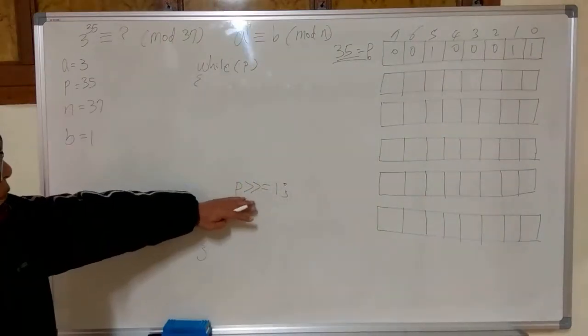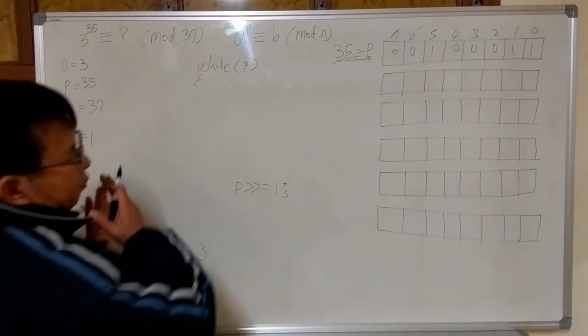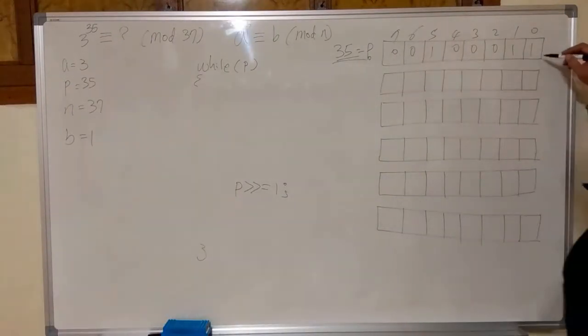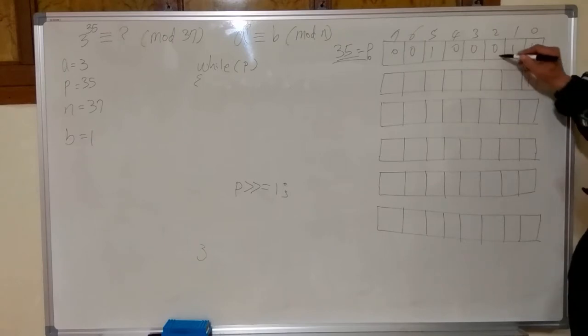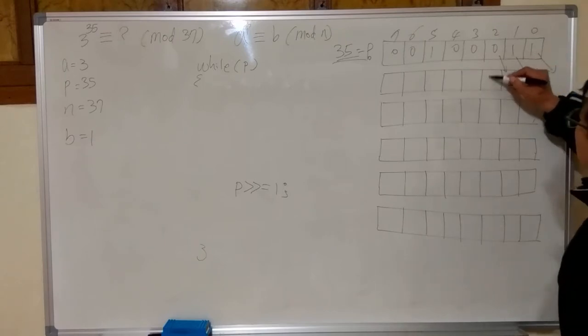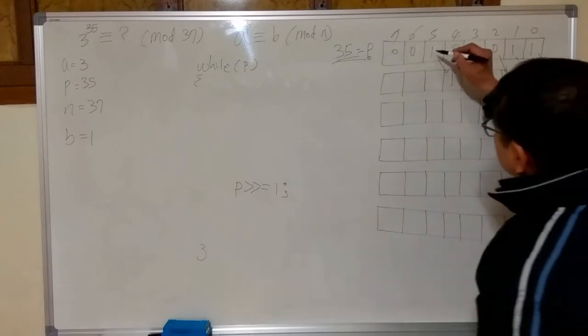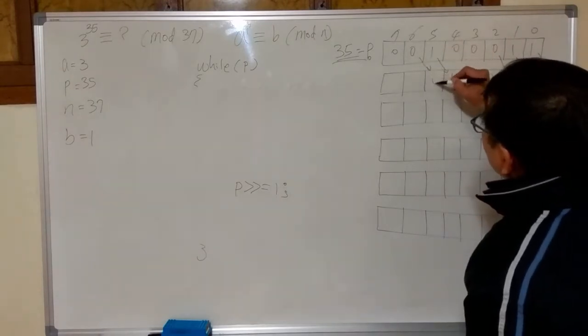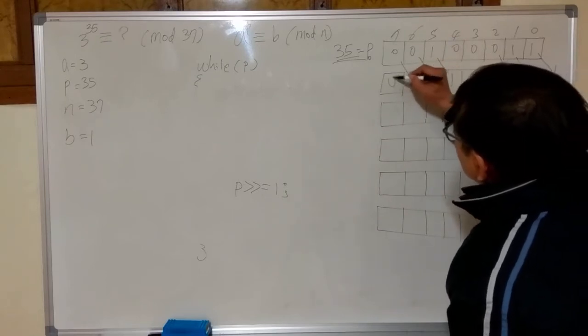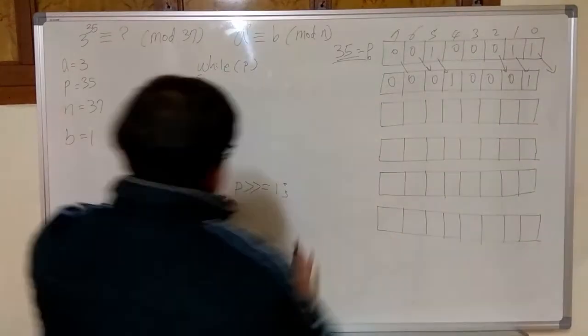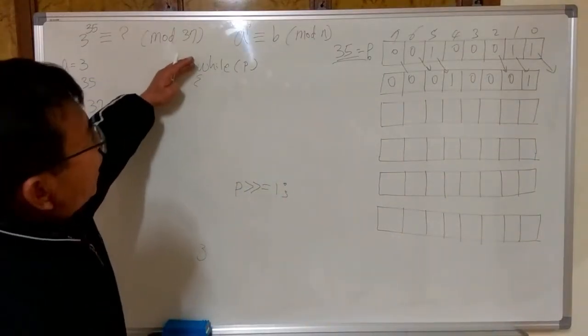In the loop, P is shifted 1 bit to the right. Then it becomes like this: the bits move down one place, 1, 0, 0, 0, 1, 0, 0, 0. This is the second state.